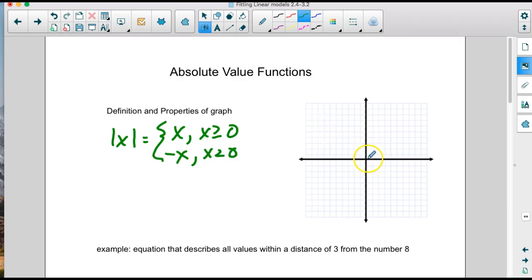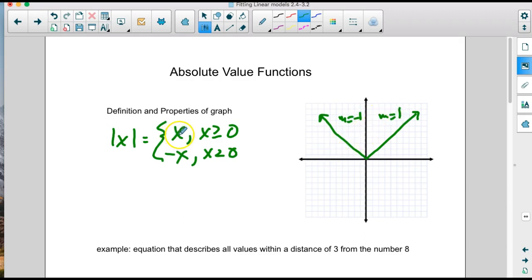It has a right hand side that goes up at slope 1. That's this piece. And it has a left hand side which comes down at negative 1 to this value. So the slope here is negative 1 and the slope here is positive 1.